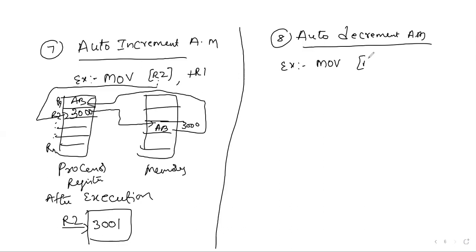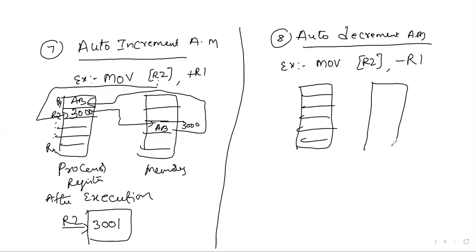Similarly, with the same process, the contents of the register will be decremented by 1. Same example: move -(R2) comma R1. Here the minus indicates auto decrement. Suppose you have the processor registers R1, R2, so on, and the memory locations.